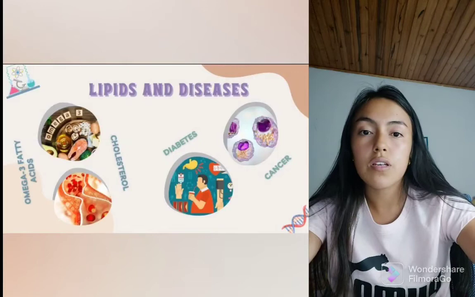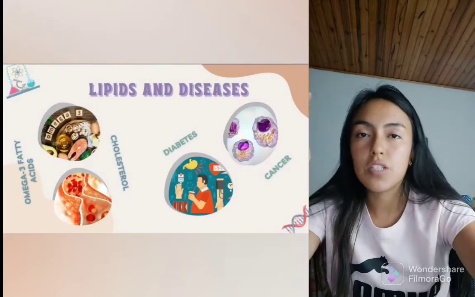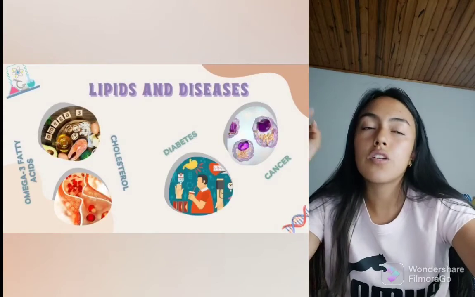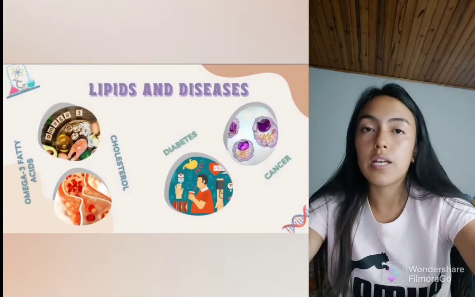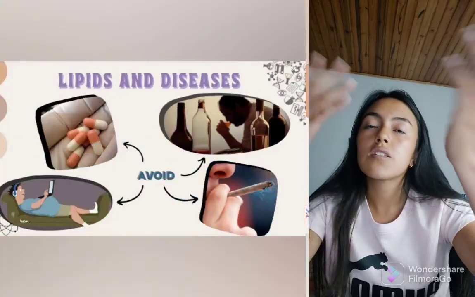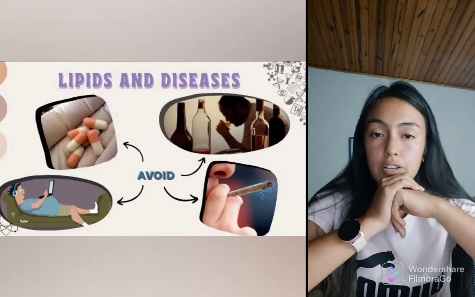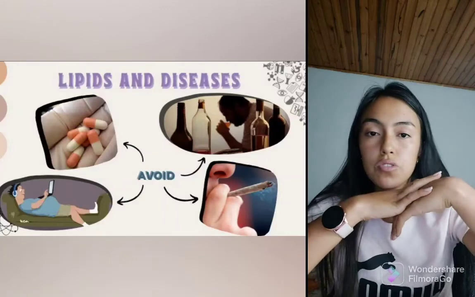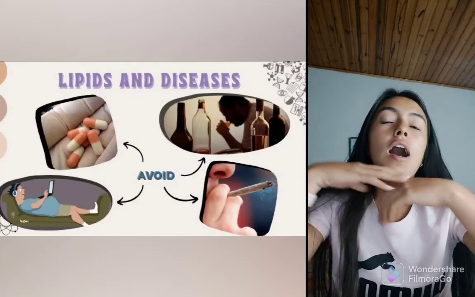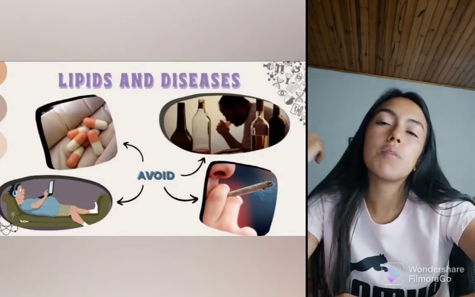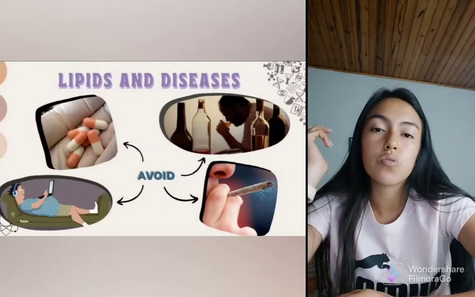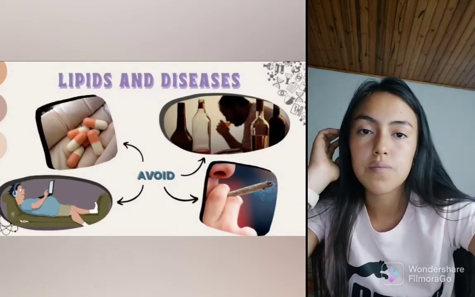Lipid disorders, according to genome-wide association studies, can cause obesity, cardiovascular defects, or cancer. And finally, some dietary and lifestyle factors that can raise cholesterol are eating baked or fried foods, smoking, being physically inactive, having obesity, drinking alcohol, or taking certain medications.